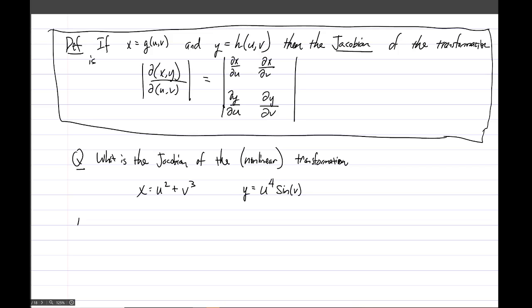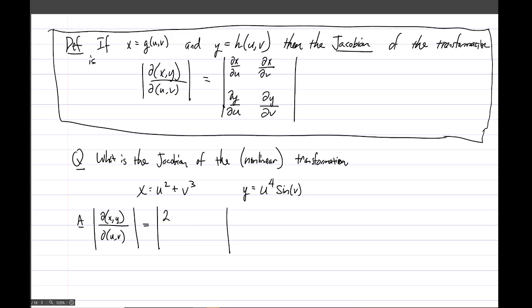Okay, so the Jacobian, let's see, so we should look at the partial of x and y with respect to u and v. So we'll have here, take the x formula first, differentiate with respect to u, then differentiate with respect to v.